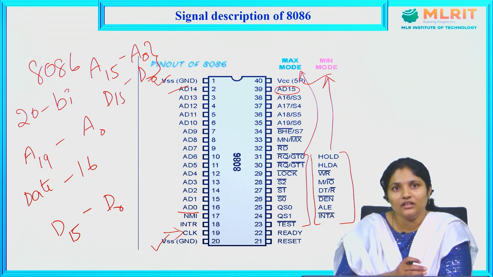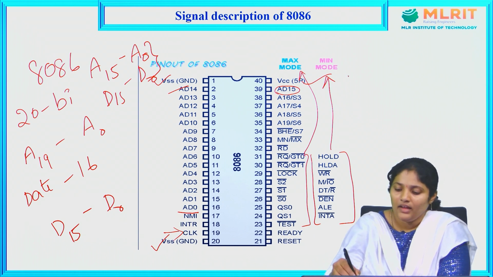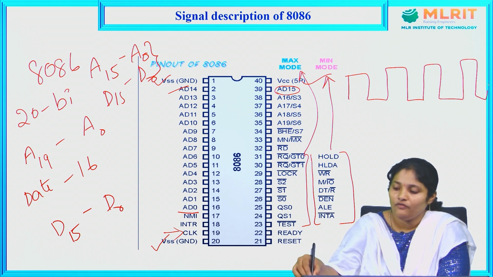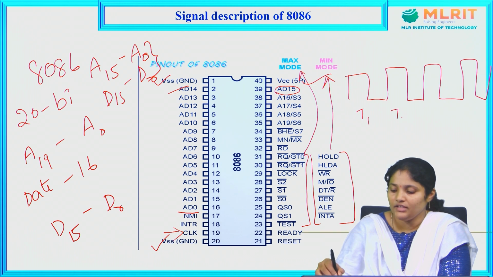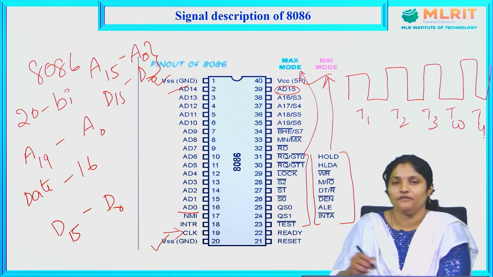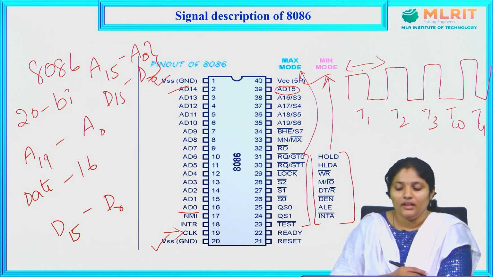To execute an instruction in 8086, we have 4 clock cycles: T1 is the first clock cycle, followed by T2, T3, a wait cycle, and then T4. The first clock cycle, T1, in every instruction is only used to provide the address.